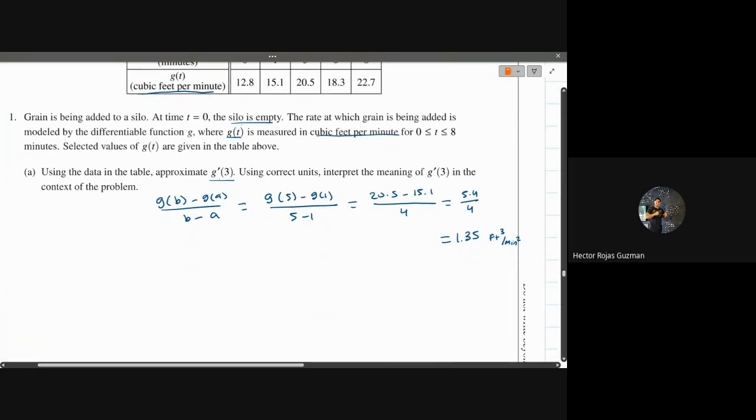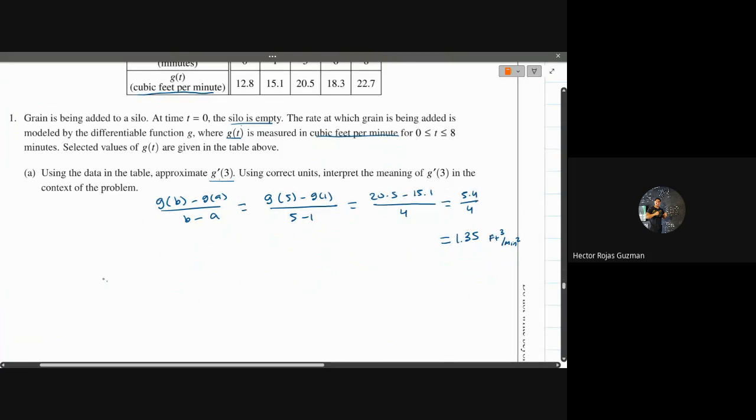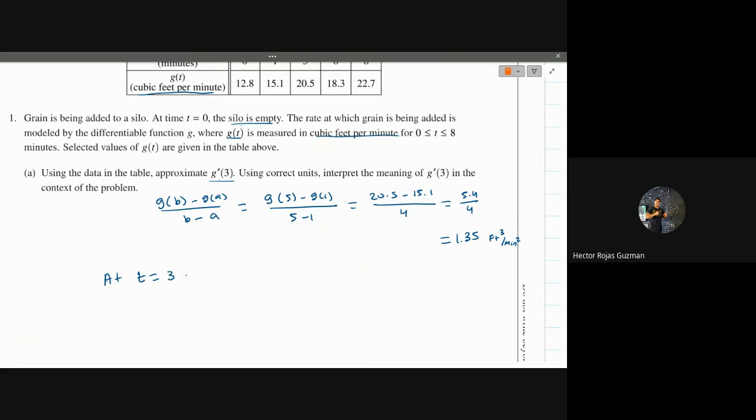And if we make it into a sentence just to be safe, we're going to say at t equals 3 minutes, grain is being added to the silo at a rate of 1.35 cubic feet per minute squared.